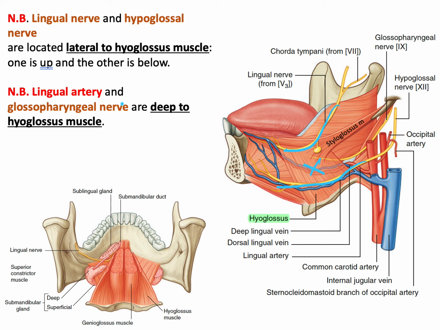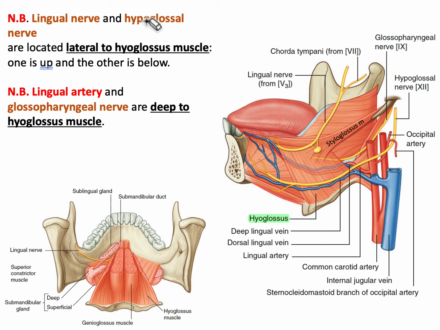But at the same time, I would like you to remember that, on the other hand, the lingual artery, you see this artery, which is a branch from common carotid artery, and the glossopharyngeal nerve, cranial nerve number 9, those two structures are located medial or deep to hyoglossus muscle, deep to this muscle. Okay, let me erase it.